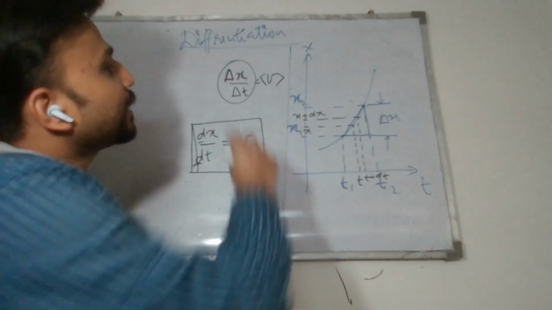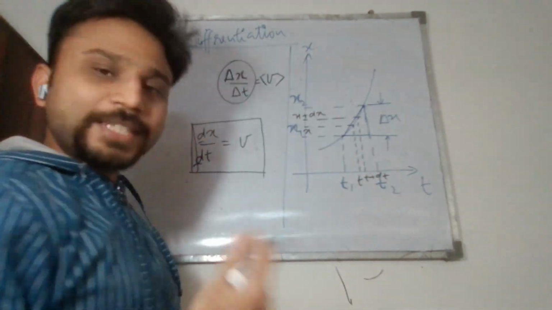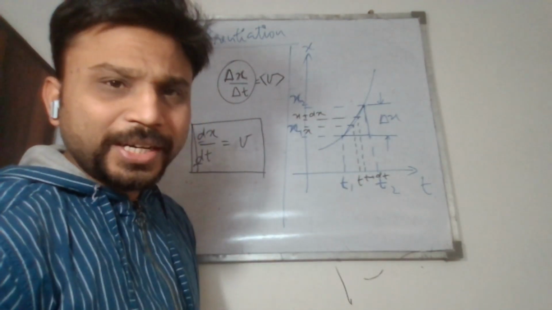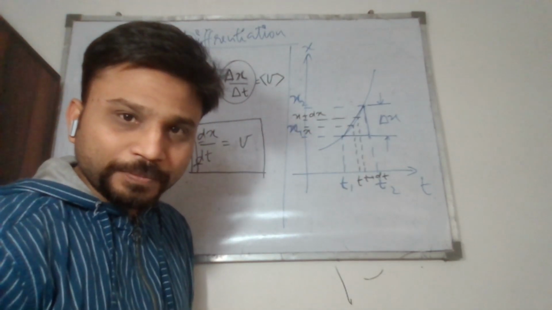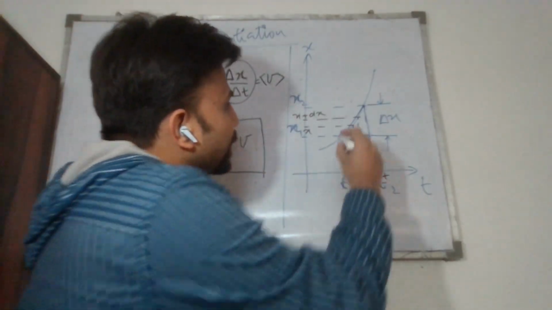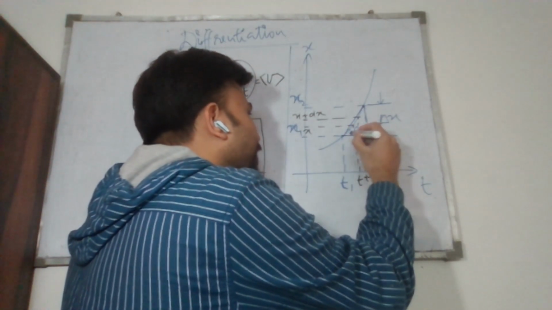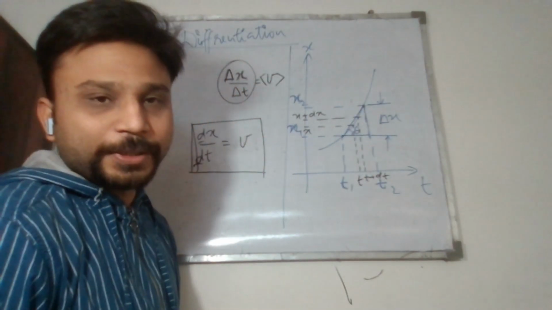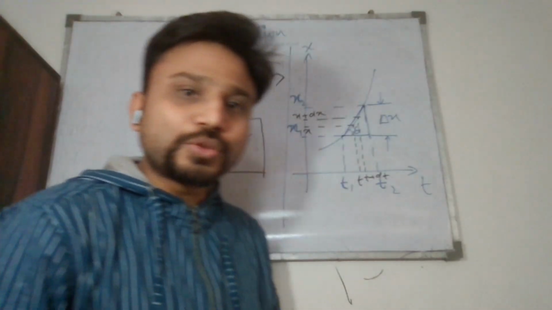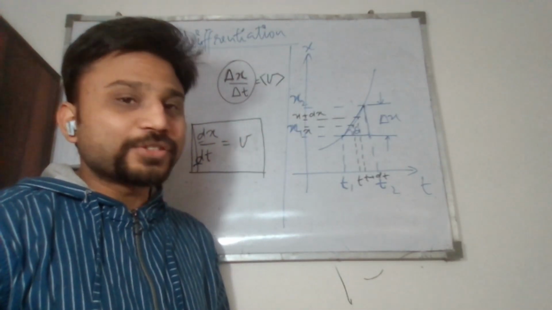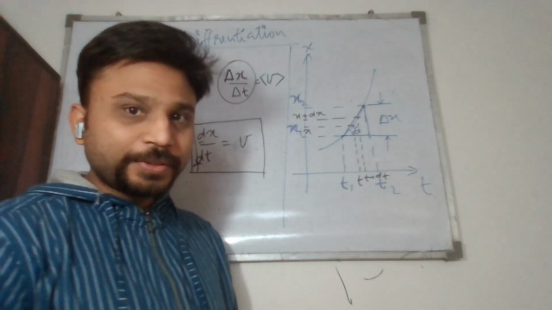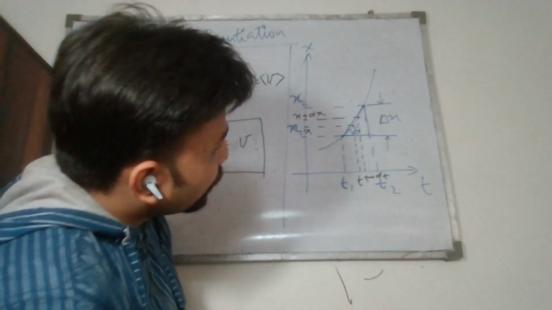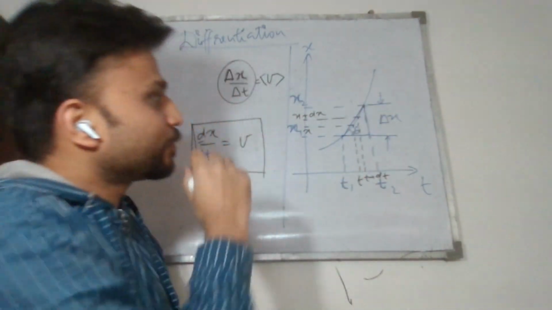If I divide delta x by delta t, it's average velocity. But you know, from this triangle, this delta x upon delta t is the slope of this line which is joining the initial instant and the final instant. That line slope is the average velocity, right? We know tan theta, if this angle is theta.